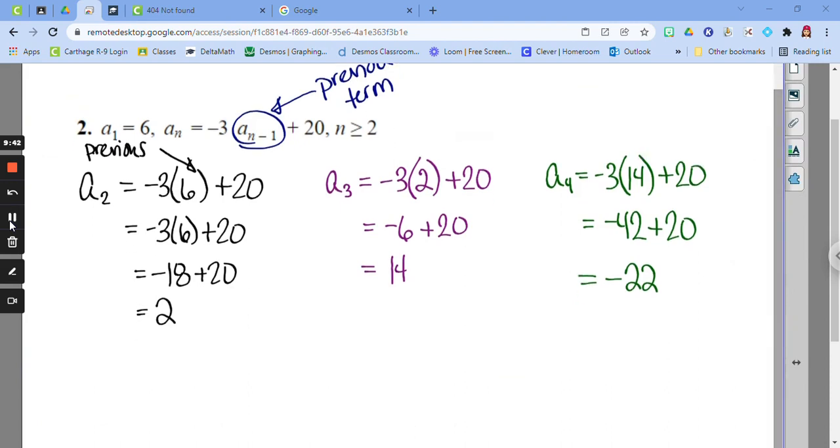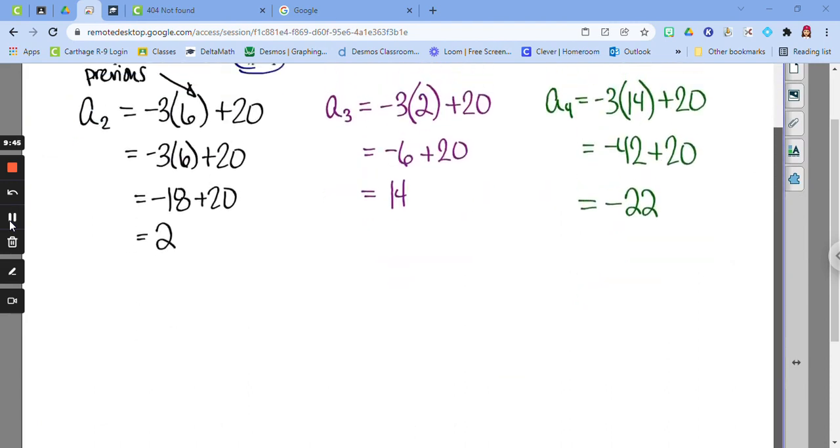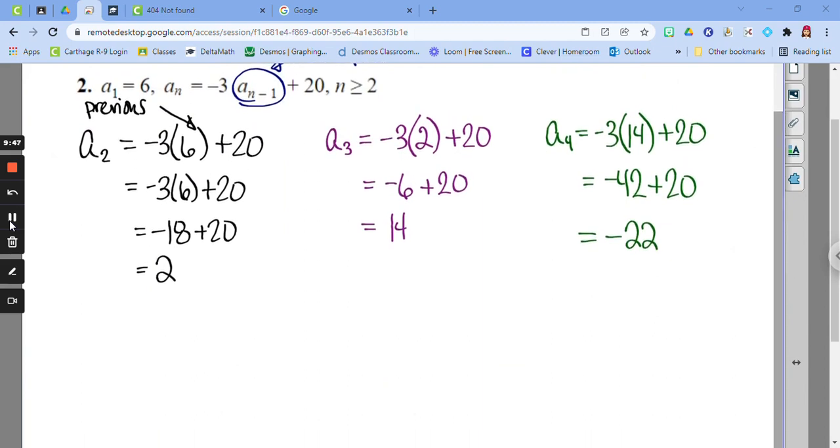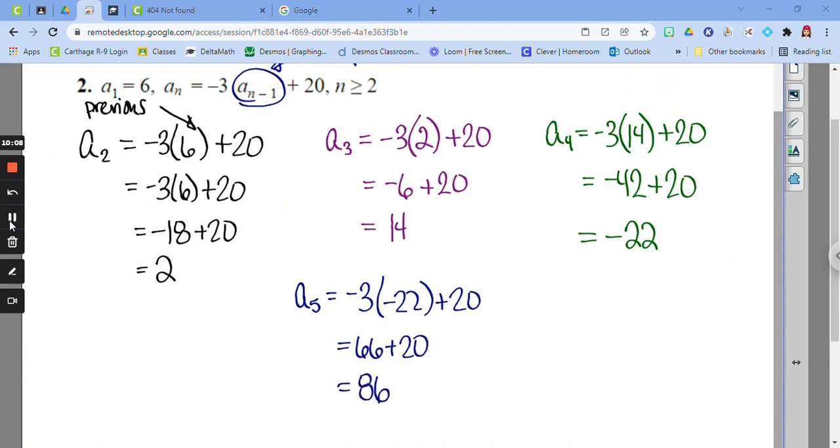So the 5th term will be negative 3 times the last one we just got, so that's a positive 66 plus 20 gives me 86. So the first 5 terms of the sequence.